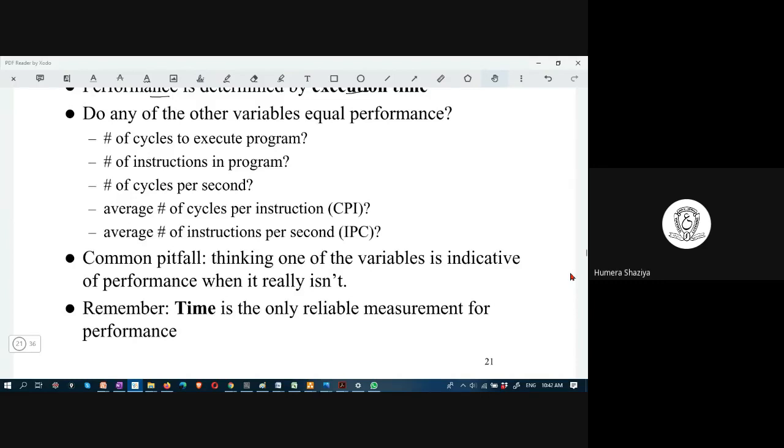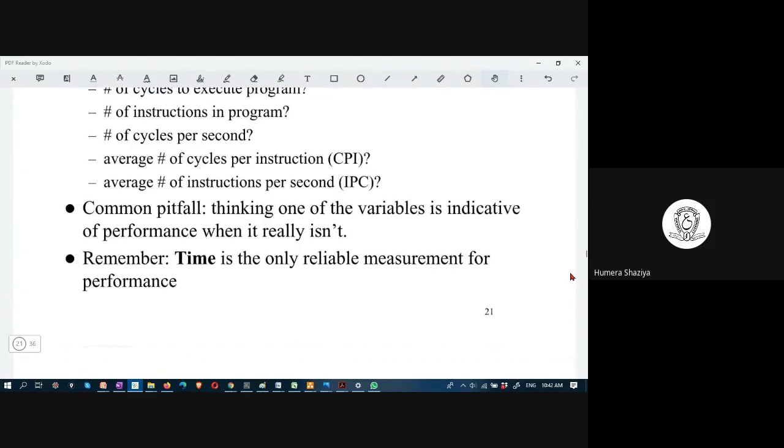This is the average number of cycles per instruction and the average number of instructions per second. These factors also impact the performance. Common pitfall: thinking one of the variables is indicative of performance when it really isn't.